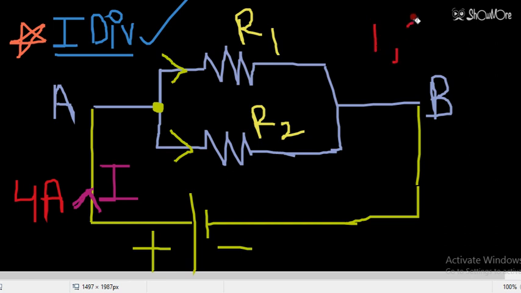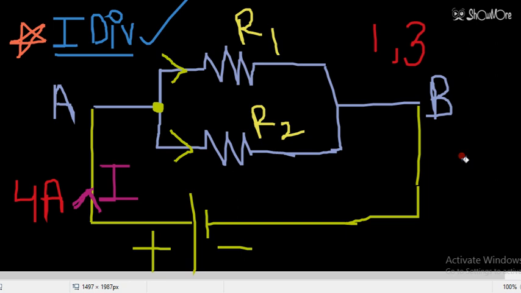So whenever the current is being divided, that combination is said to be parallel combination. Please note down this point. Either the current is divided equally, or the current will be divided unequally.